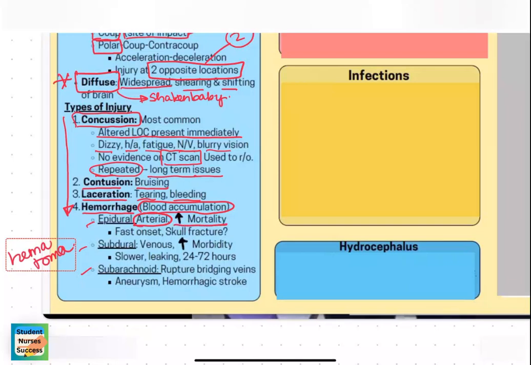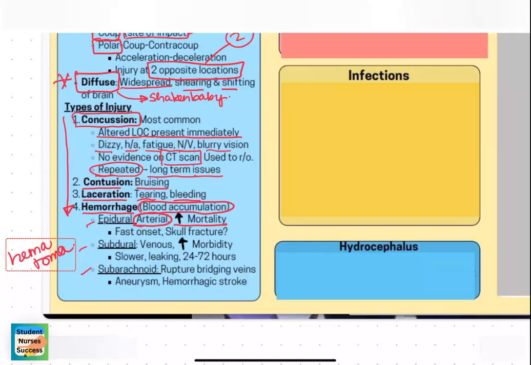Often we'll see a skull fracture. Patients with an epidural hematoma have symptoms right away, and the symptoms are usually significant. If they can seek care very quickly, then we may be able to minimize long-term problems or mortality. But because it is an arterial bleed, we see the development very quickly.